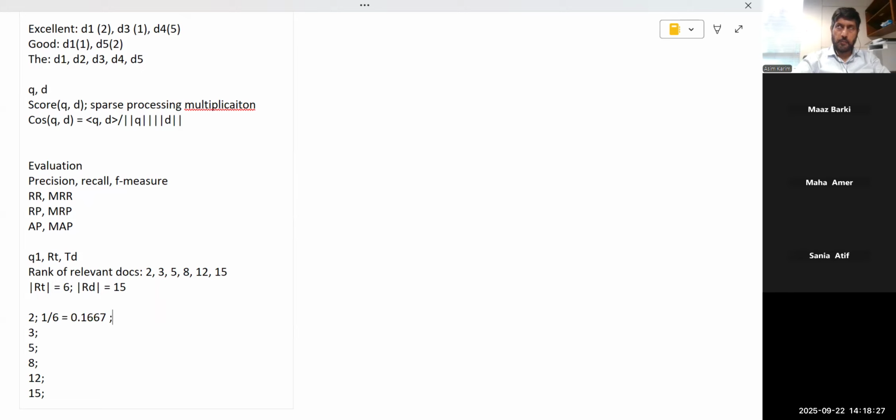So this is the recall, and what will be the precision? 1 found out of 15. Okay. Of course you can multiply these numbers with 100 to get percentages. So that is the first recall and precision value. You can compute F1 too. F1 is 2 times precision times recall divided by precision plus recall. You will find the formula on the net.